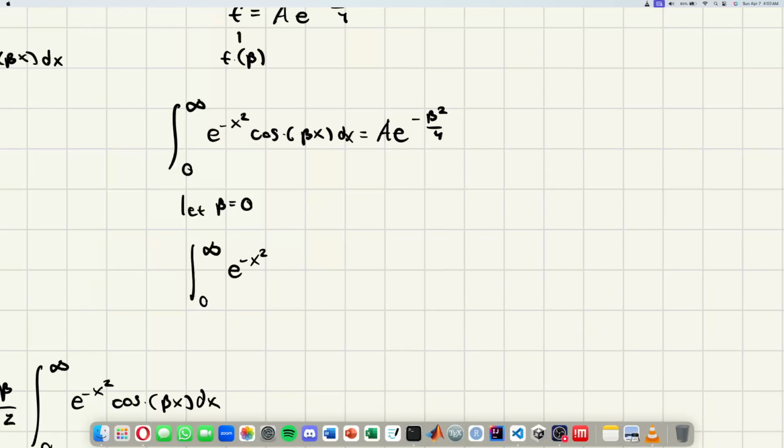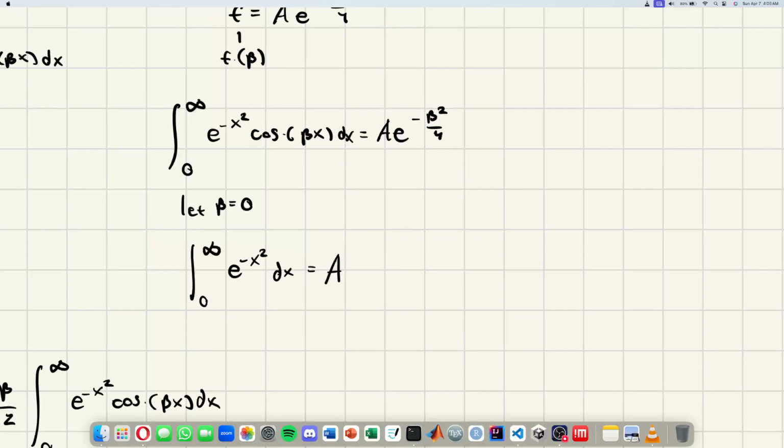So we just end up with the integral of e to the minus x squared dx, and that would be equal to a, and then again we'd get e to the 0, which is 1. So the integral from 0 to infinity of e to the minus x squared dx is equal to a.